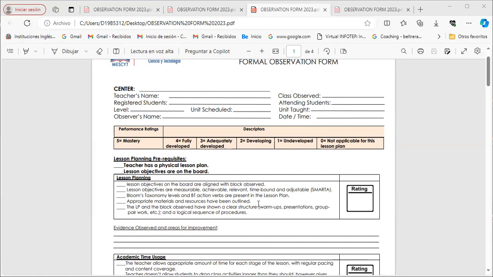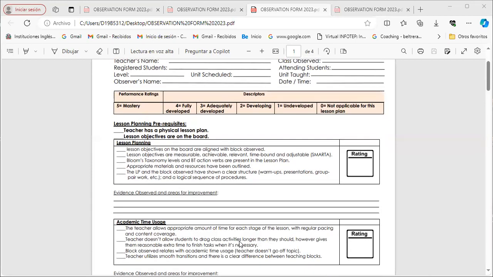As stated before, please select only one or two of these criteria to be observed. Don't complete the whole observation form because you're going to spend in class approximately 1 hour, no more than that.